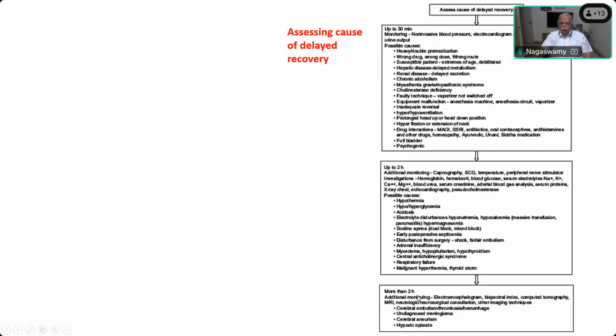If it takes more than 2 hours, then you have to go for much more serious investigations like MRI and CT scan to rule out neurological problems, and go for other specialist consultations like neurological consultation, and rule out any cerebral embolism, undiagnosed meningioma, cerebral aneurysm, hypoxic episode. All these things have to be ruled out.